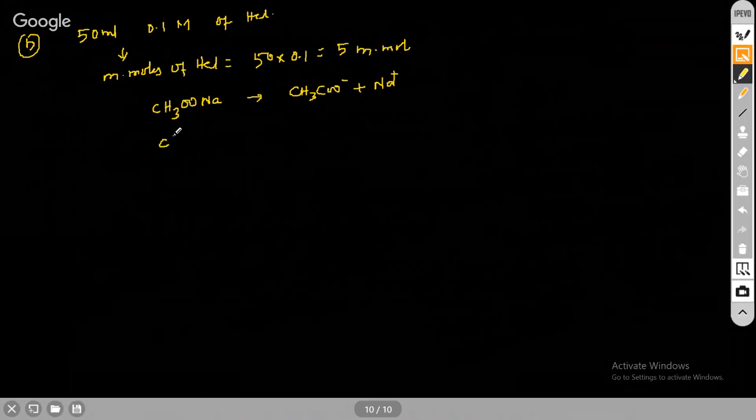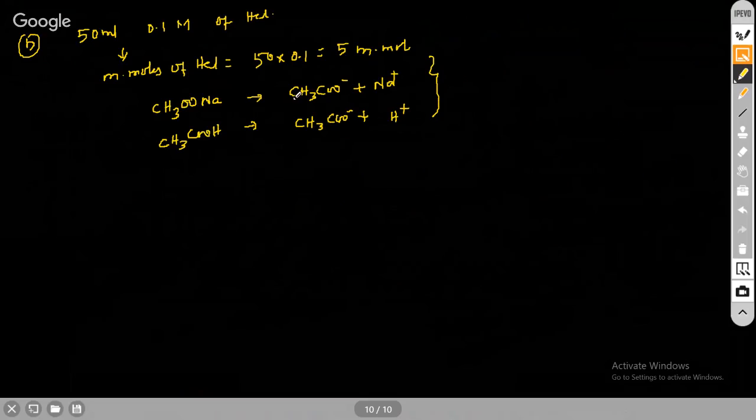And the acid that you have, CH3COOH, gives you CH3COO minus plus H plus. Now you see how this buffer solution works.